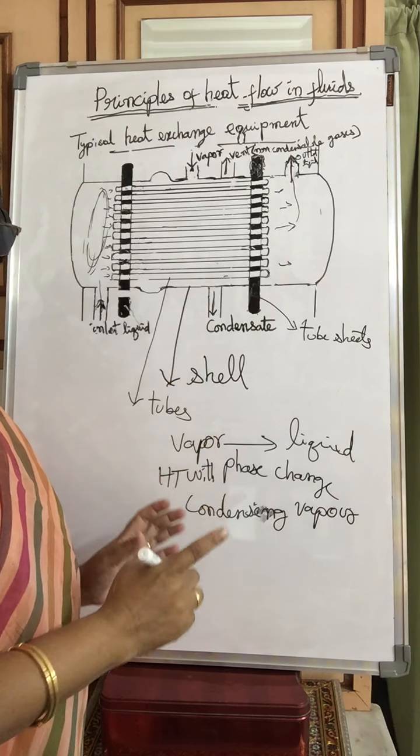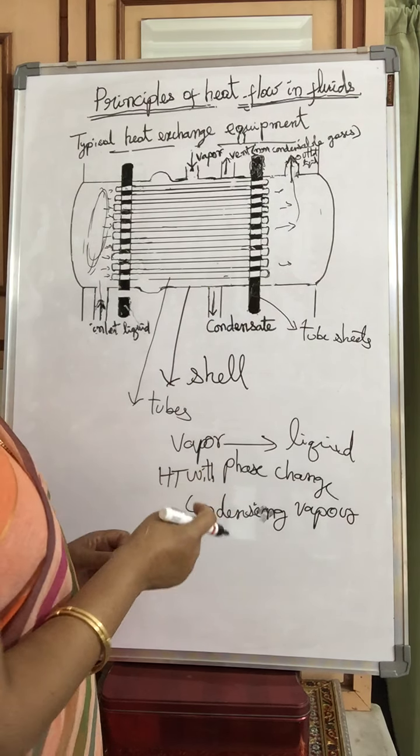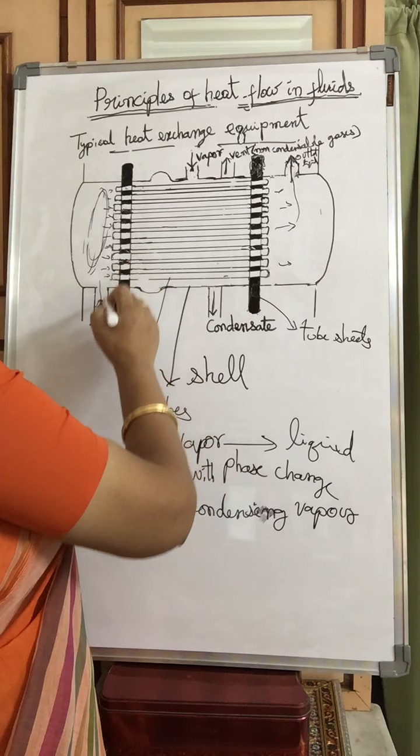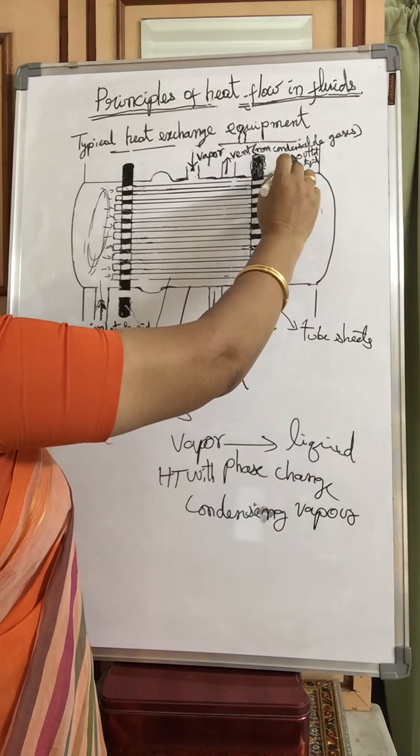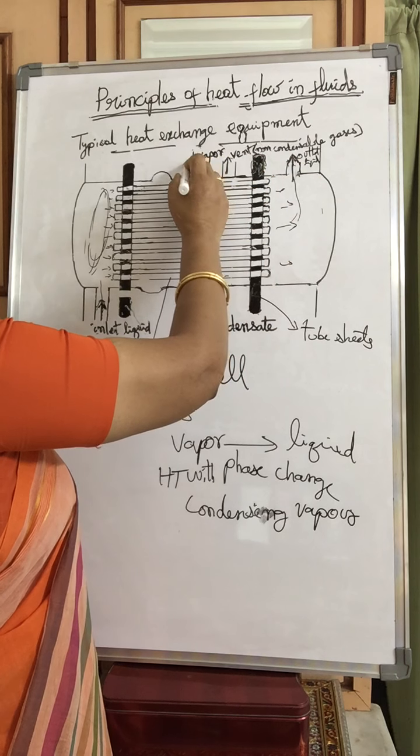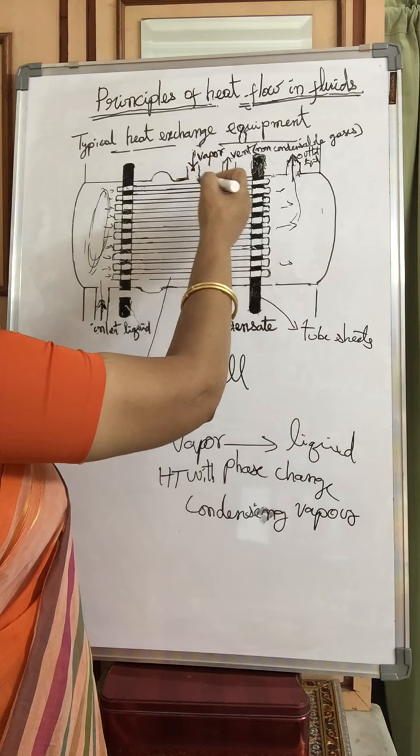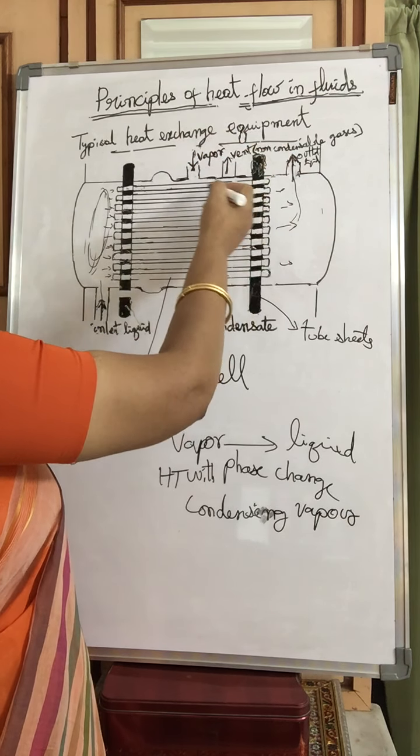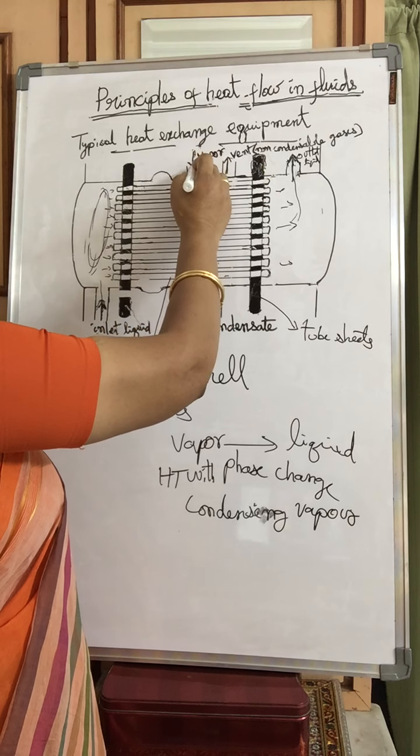In any heat exchange equipment, we can see two fluids. One fluid is the cold fluid, which is going to get heated, and another fluid is the actual vapor, which is to be converted into liquid. That vapor enters here.